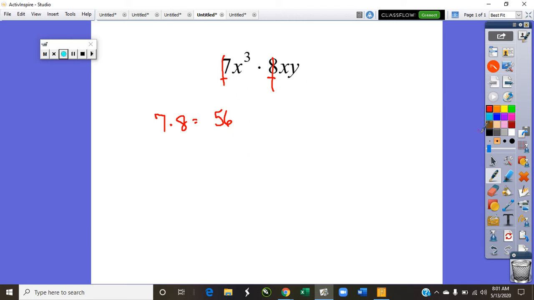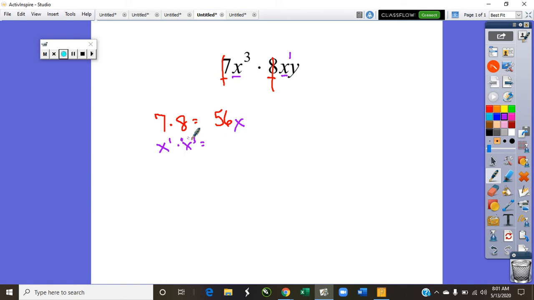Now, when I look for variables that I can multiply together, I have an x here and an x here. So I'm going to first deal with the ones that are the same. I don't see an exponent here, so this is just like an exponent of 1. So x to the first times x to the third, that would give me x to the what?